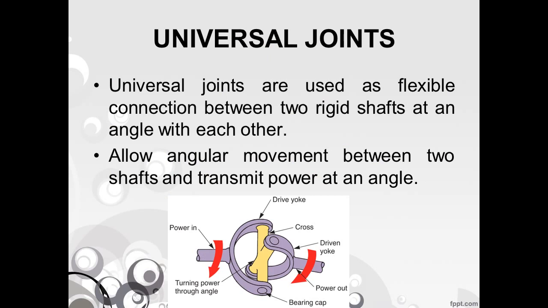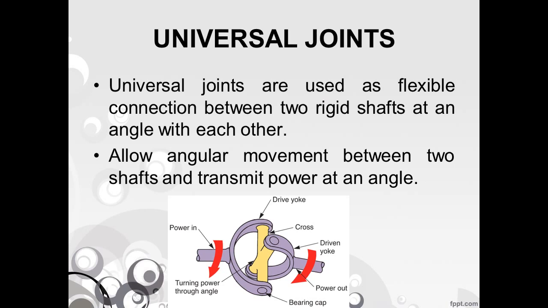Universal joints are used as a flexible connection between two rigid shafts at an angle with each other. These joints allow the angular movement between two shafts and transmit power at an angle.